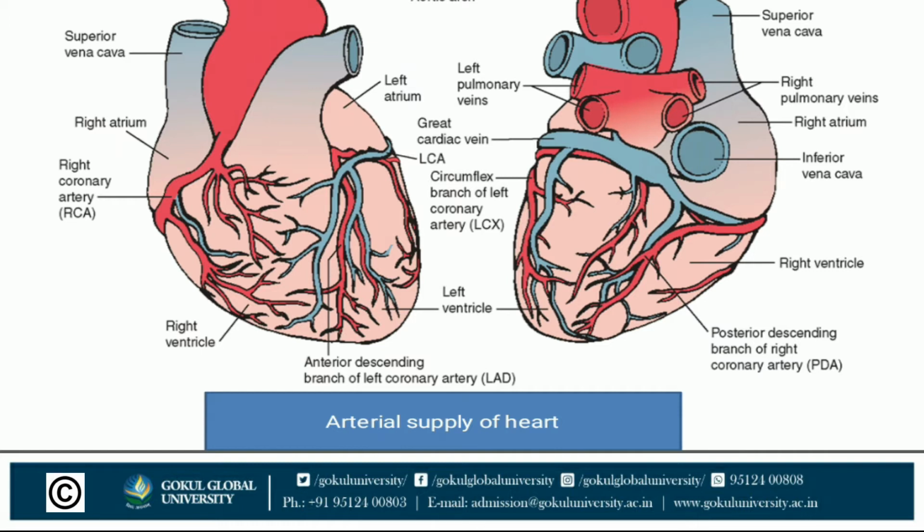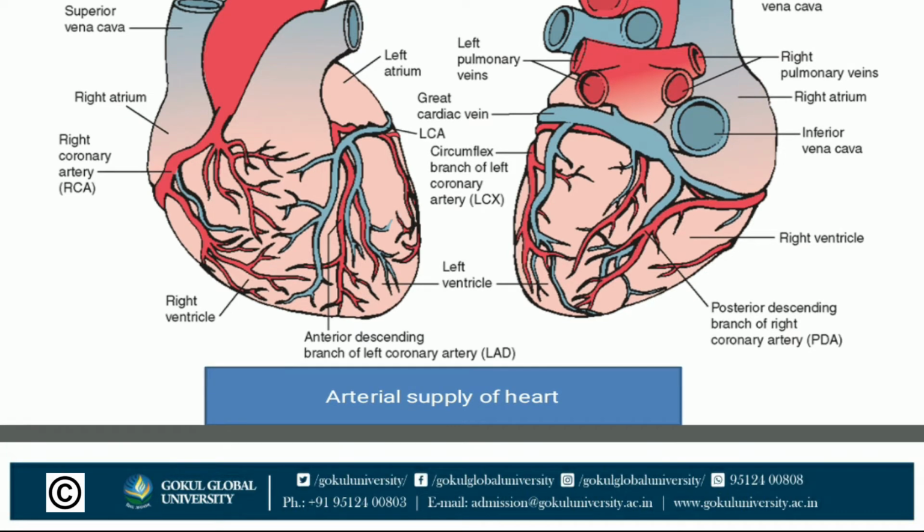Right coronary artery and right ventricle, anterior descending branch of the left coronary artery, LAD, left ventricle, LCA, left atrium, aortic arch, left pulmonary veins, great cardiac veins, circumflex branch of the left coronary artery, SVC, right pulmonary veins, right atrium, IVC, right ventricle, posterior descending branch of the right coronary artery, PDA.